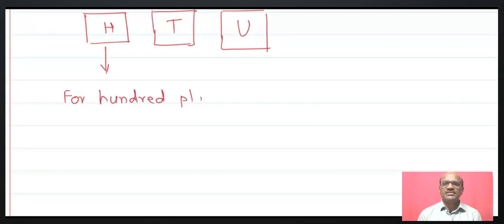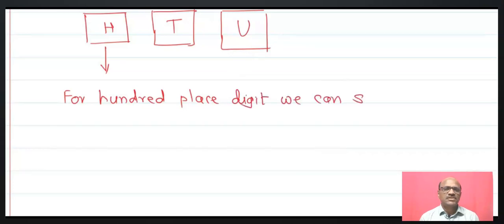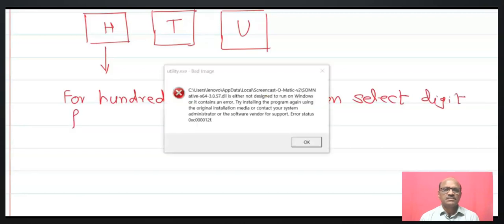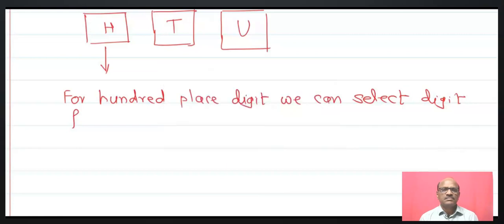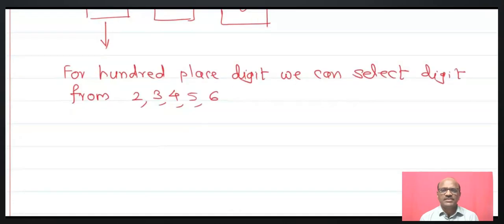For the 100 place, we can select a digit from 2, 3, 4, 5, 6.